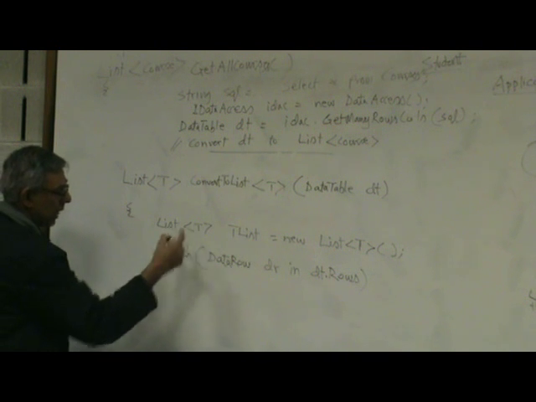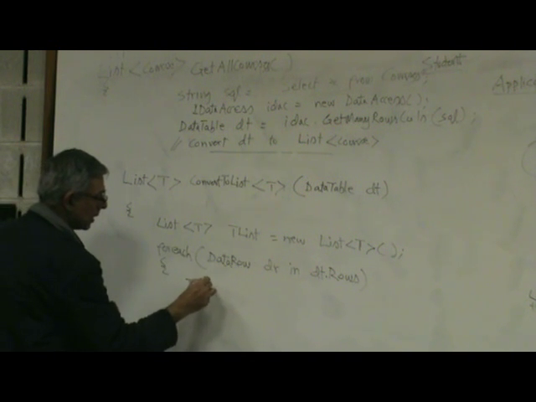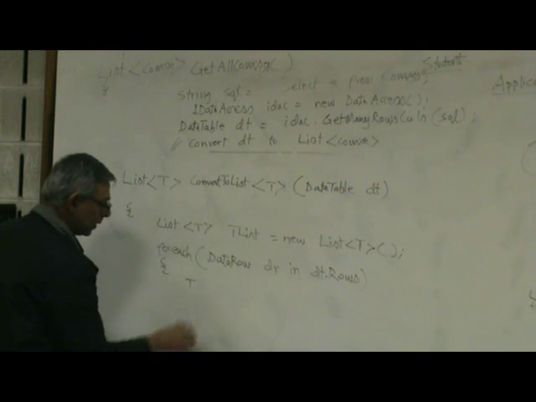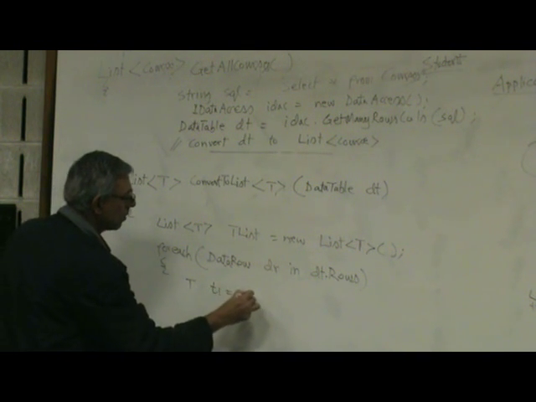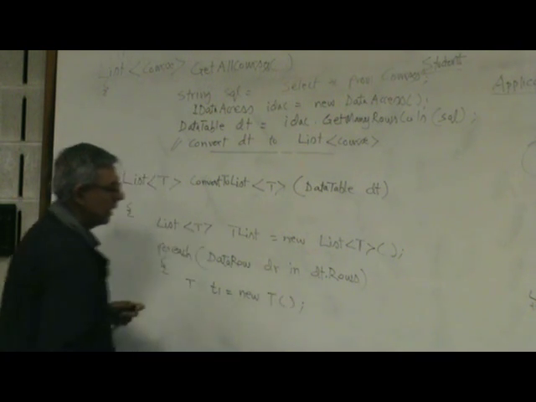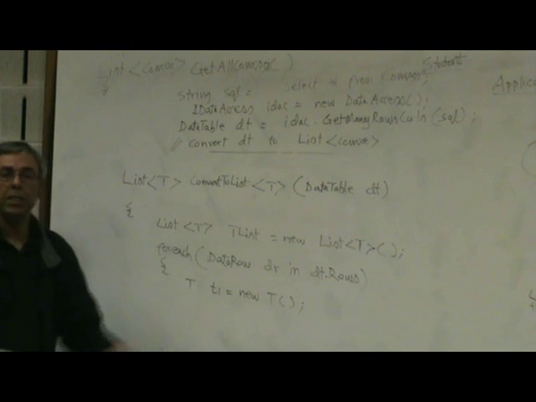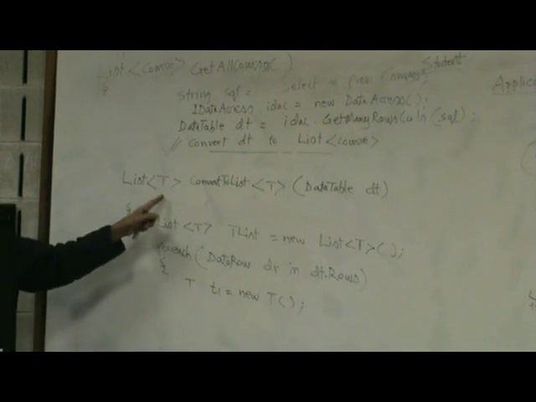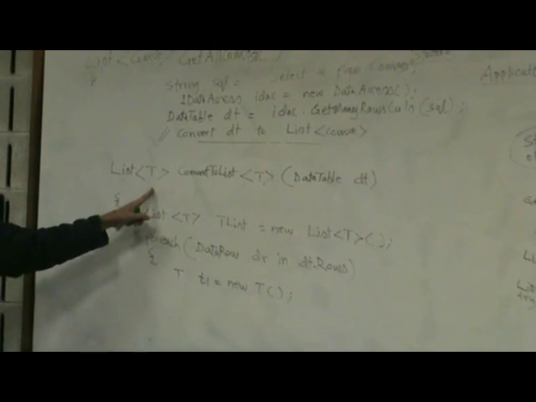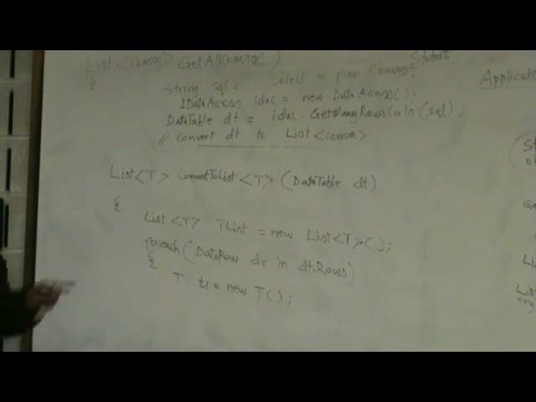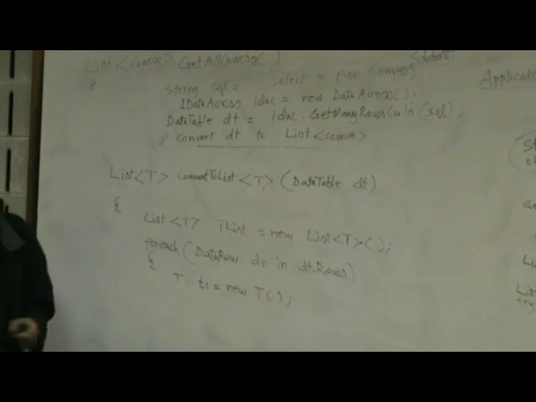So we will first create one object of this T. Suppose T1 equal to new T. Okay, since we need to create an object of this type T, right? Do we need a constraint over here? I remember last time we discussed, what will happen if somebody called this with an integer?